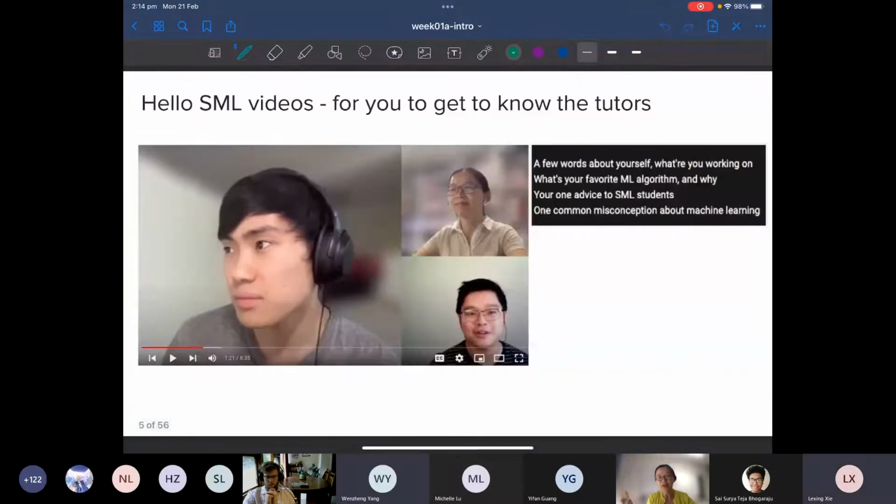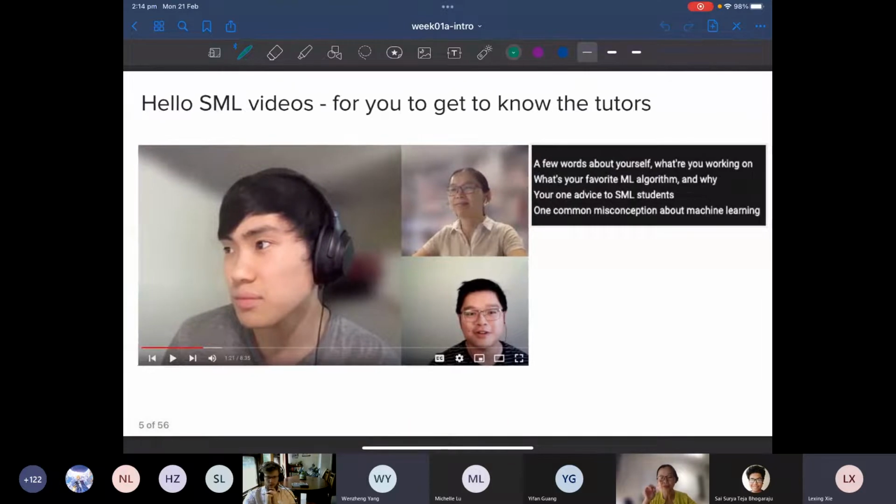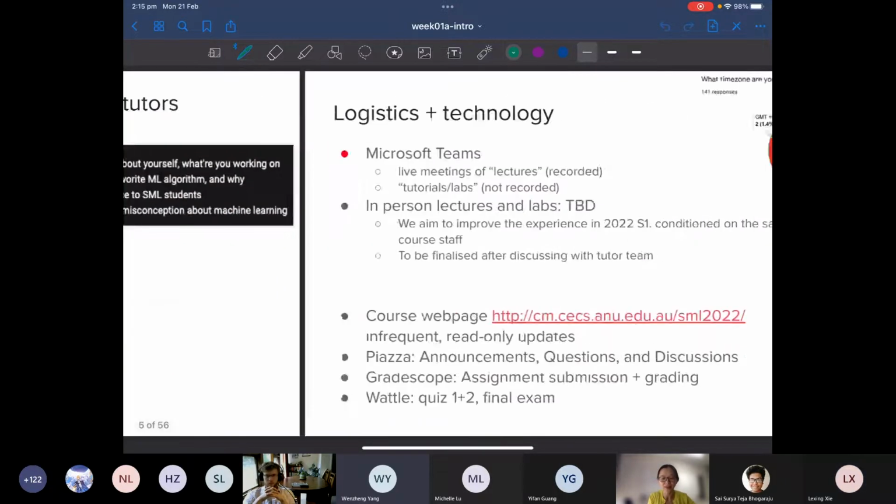The content is roughly a few words about who the tutors are, what their favorite machine learning algorithm is, and their advice for studying this class, because the vast majority of them have had a long experience with machine learning, either tutoring, studying, or doing research on it. And also, in general, what are the misconceptions of machine learning, big picture challenges with machine learning, and so on.